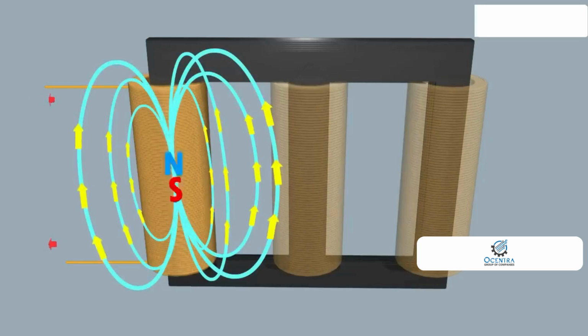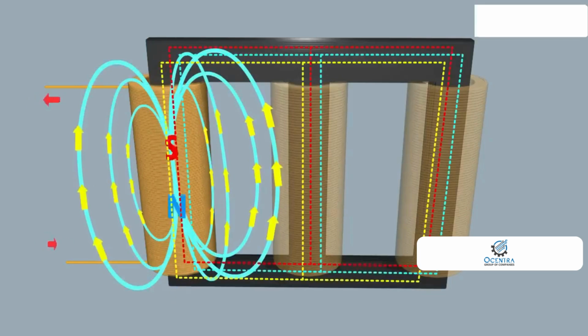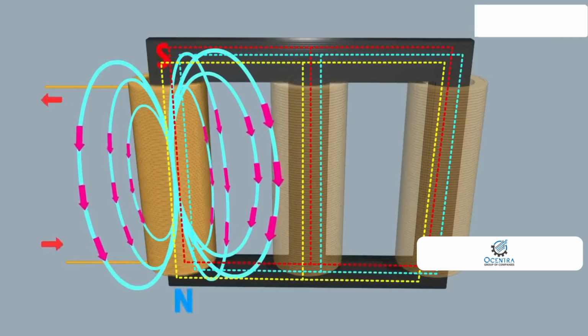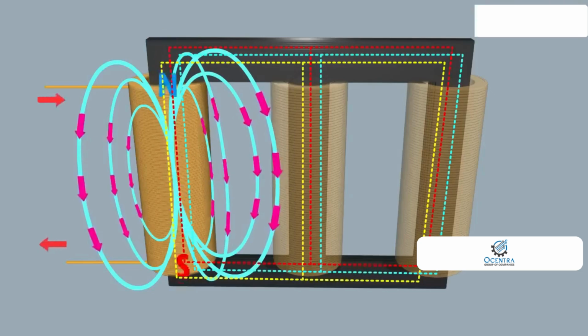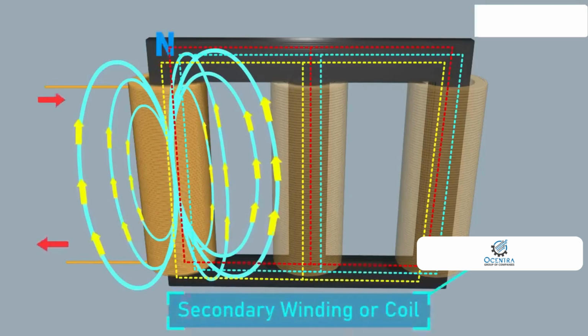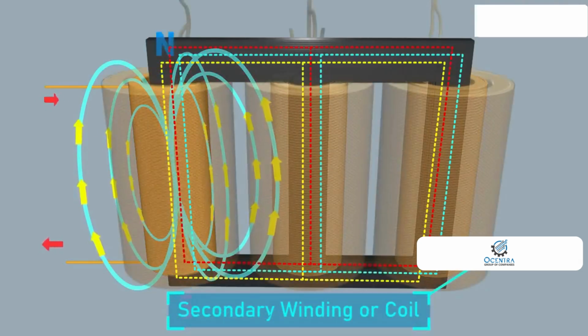The alternating current through the winding produces a continually changing and alternating flux surrounding it. If another winding is brought close to the first winding, some portion of this alternating flux will link with the second winding. As this flux is continually changing in amplitude and direction, there must be a changing flux linkage in the secondary winding or coil.